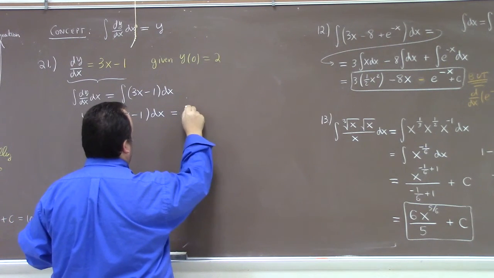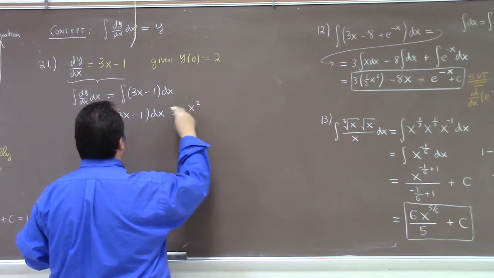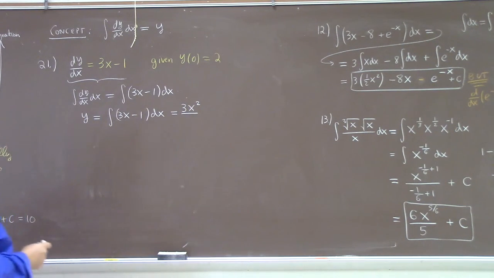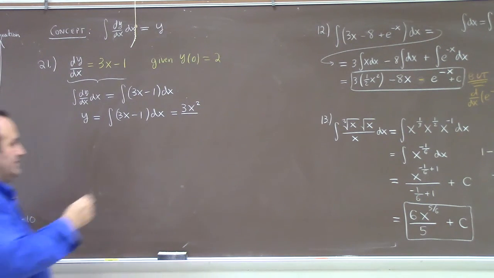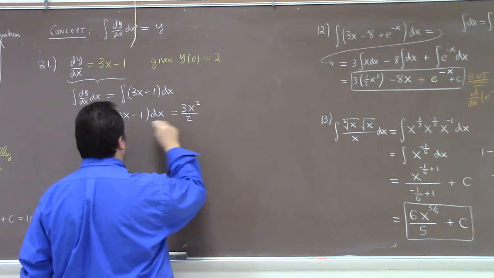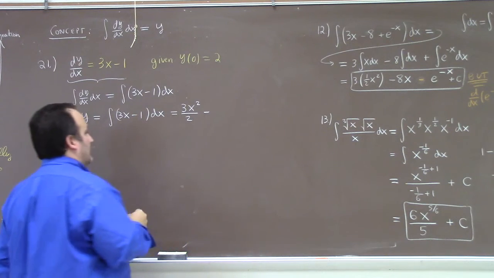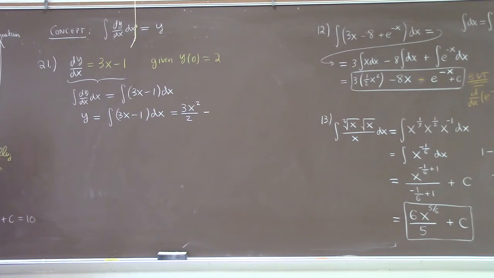Yeah, x to the power 2, the 3 stays there, right? Divided by what? Yep, divided by 2. That takes care of the first term, and then what's minus 1 integrate to? What function? Yeah, minus x.